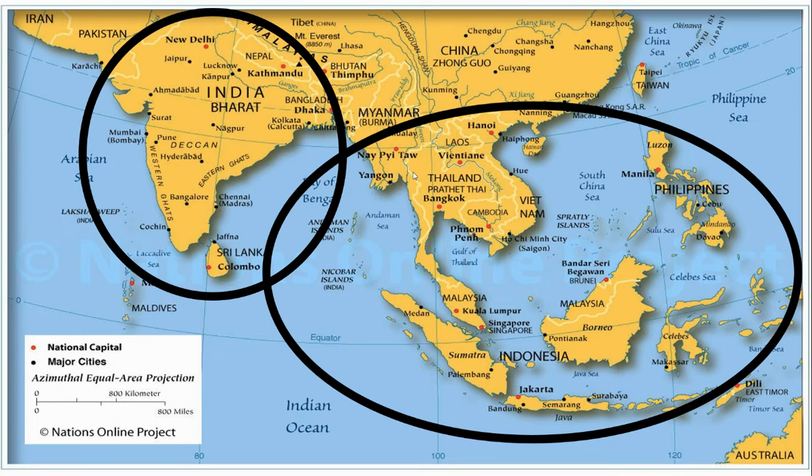Southeast Asia includes both the mainland states of today, Vietnam, Laos, Cambodia, and Thailand, as well as the islands between the peninsula and Australia, such as the Philippines, Indonesia, and so forth.